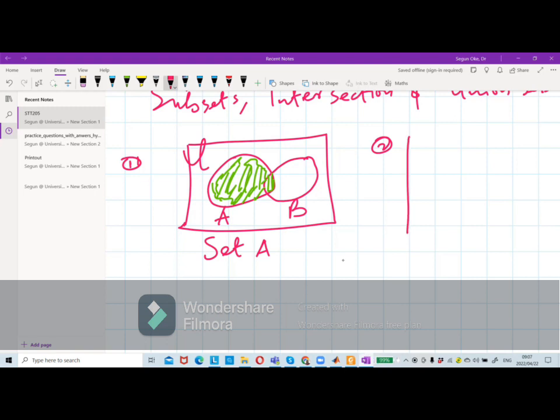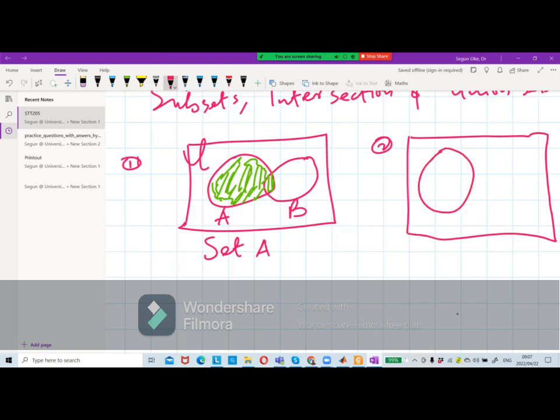Now let's look at number two. So we have this, and we have this. Our universal set, don't forget. Look at the shaded part here.